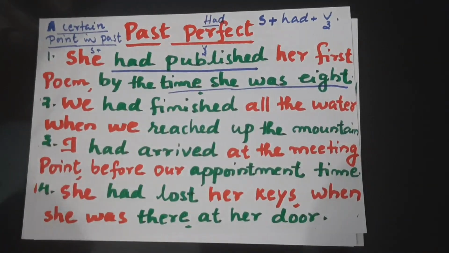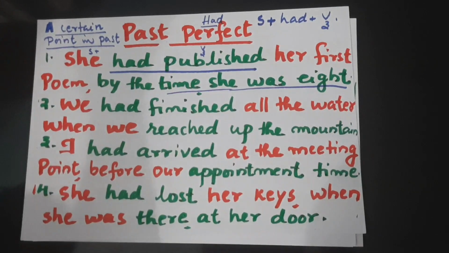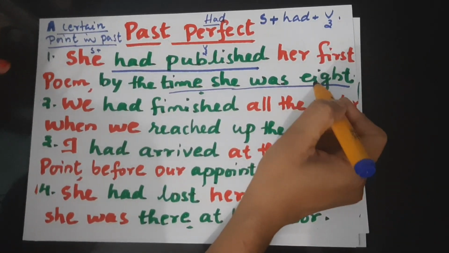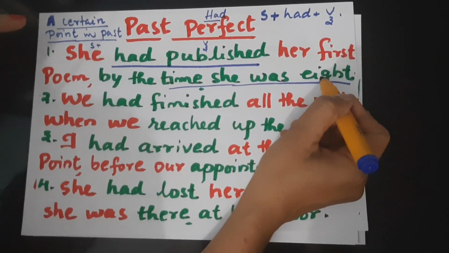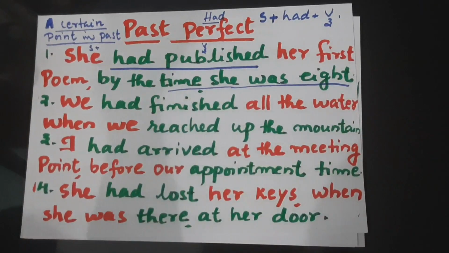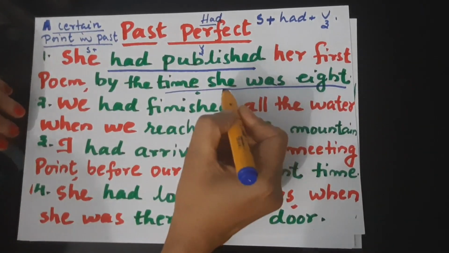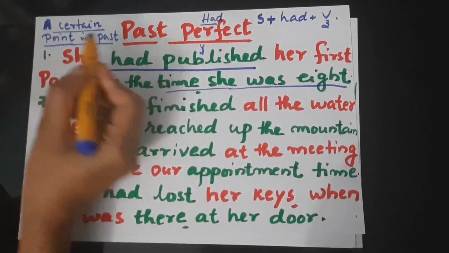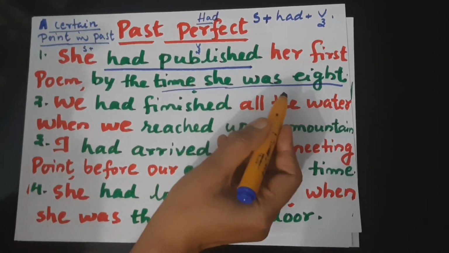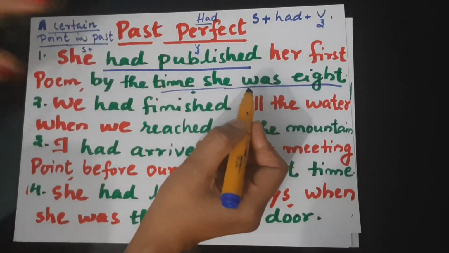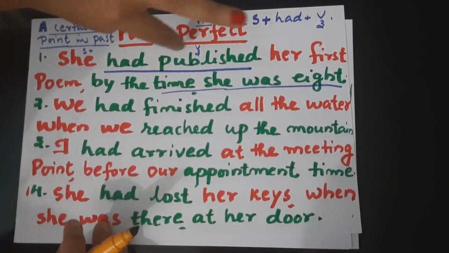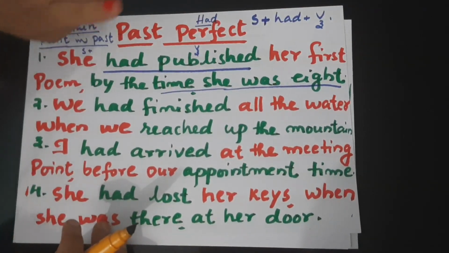So when she was 8, she had published her first poem. This is a certain point in the past, by the time she was 8. Just before that itself, she had published her first poem.